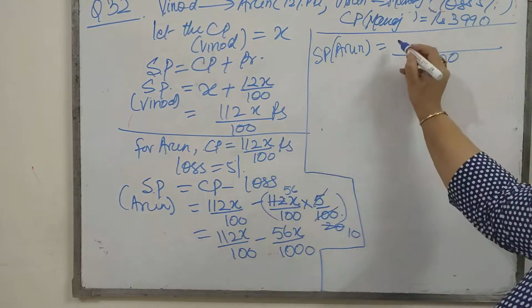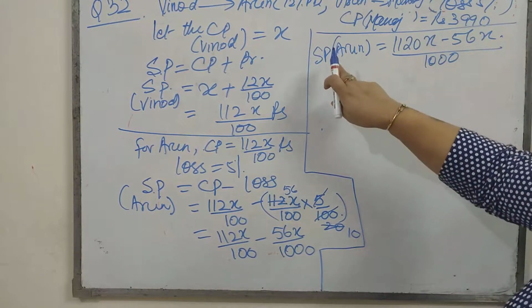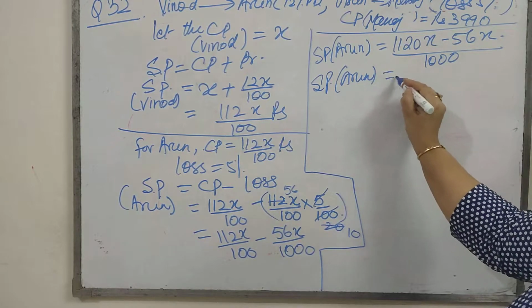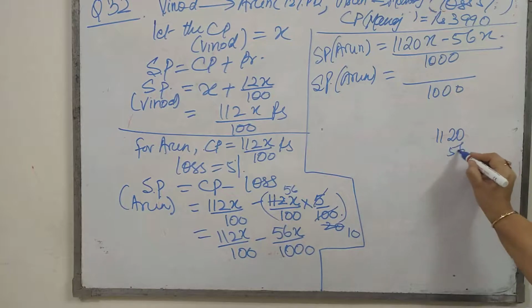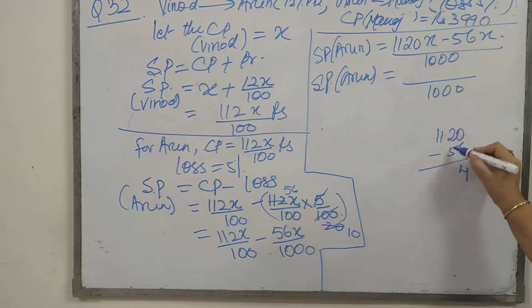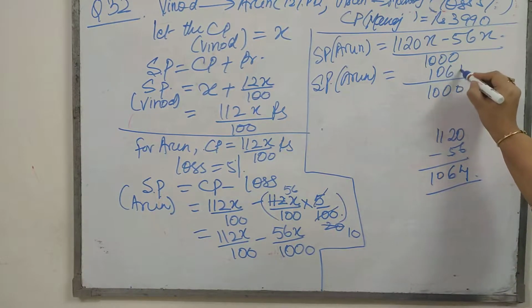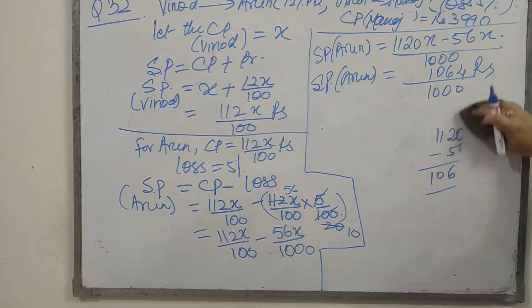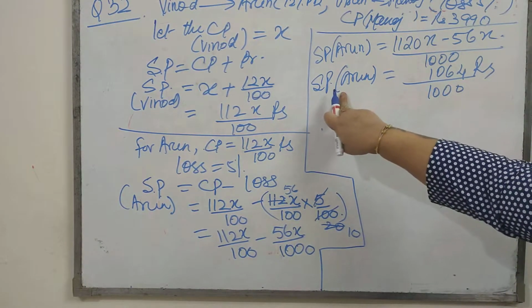Divide it here 10. So 1120x minus 56x. Now SP of Arun, further we are getting it solved upon 1000. Now 1120 minus 56. 10 minus 6, 4, 11 and 5, 6. So 1064. If you want to reduce it here, you can do it that way also. Now, this is the SP of Arun.